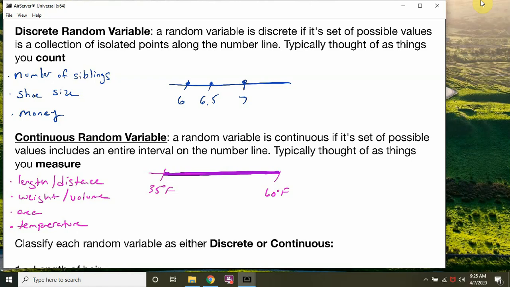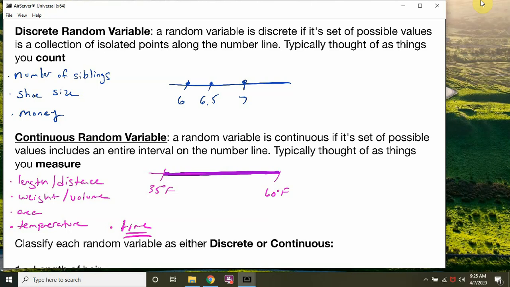Like we're going up continuously. We're any number along this interval. In fact, the sample size is really any infinite number of values within the interval. Okay, but we would write, the possible values here is the interval from 35 to 60. We can take on any value. Okay, so again, area, volume, temperature, things we measure, time is continuous. Okay, so those are just some examples.